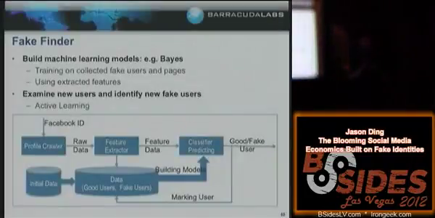We created a machine learning algorithm to identify the fake followers. We collect the data and then use a classification algorithm, like simple Bayes, so that given a new profile, I can tell if it's fake or real.